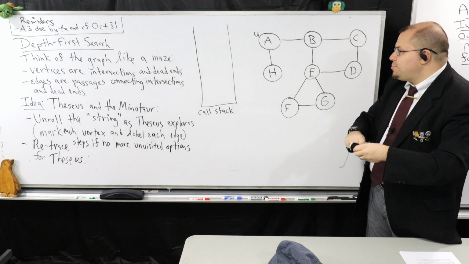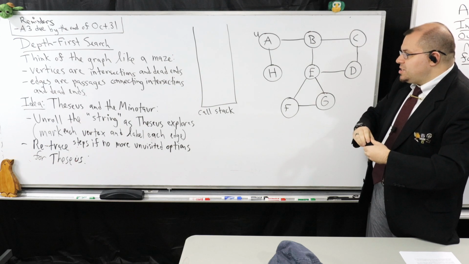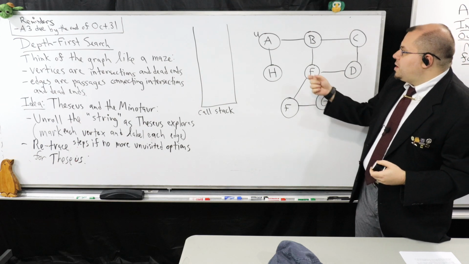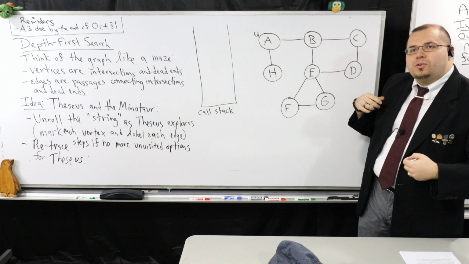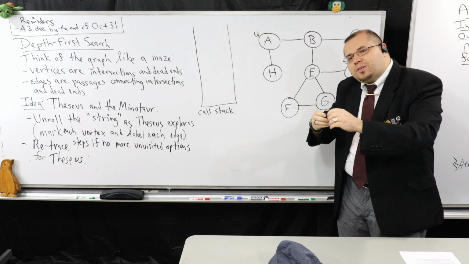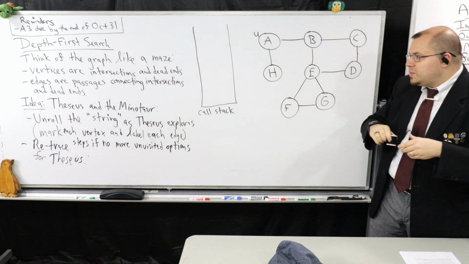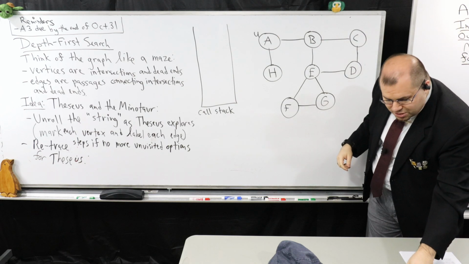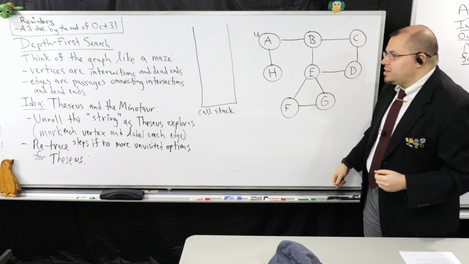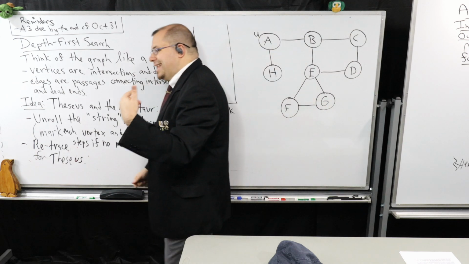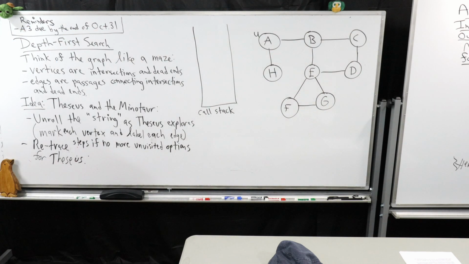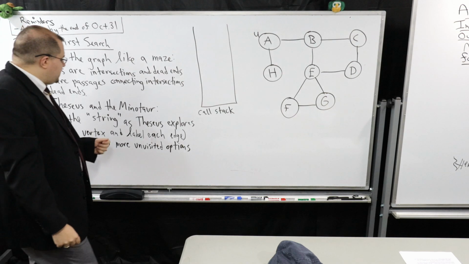As Theseus does this, he is going to mark a vertex and also label an edge if he travels across that edge. Remember, last day I told you we're going to assume that vertices and edges can be marked and labeled in constant time, which you can quite easily do, as I discussed last day.